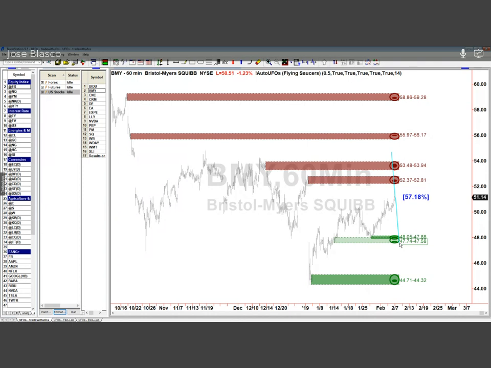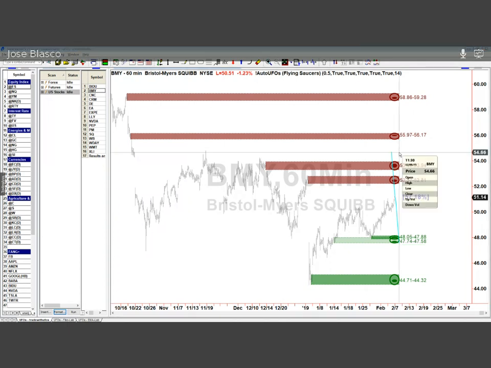And the reason why is because there are two UFOs. It's also looking like, if I was to project this higher, that the equal distance will bring me to 54.66. The thing is that I got no UFO there.